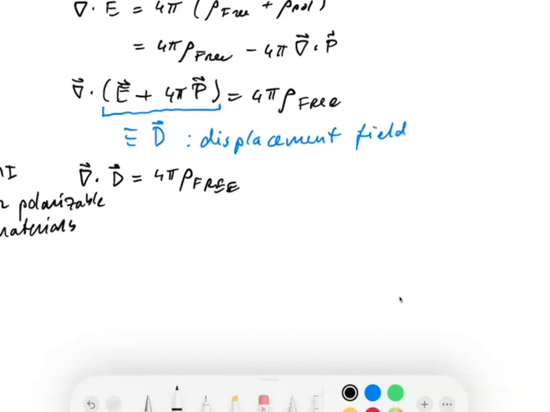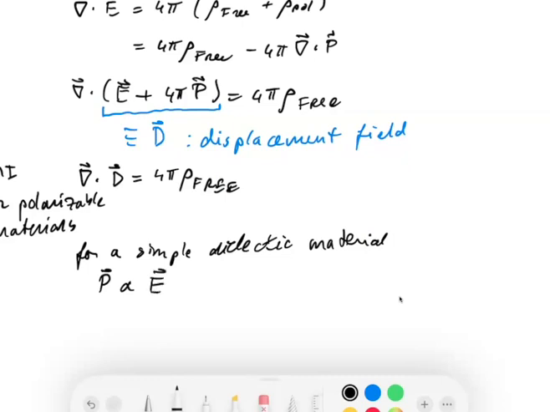simple dielectric material, so nothing nonlinear, we can usually assume that the polarization is going to be proportional to the electric field.